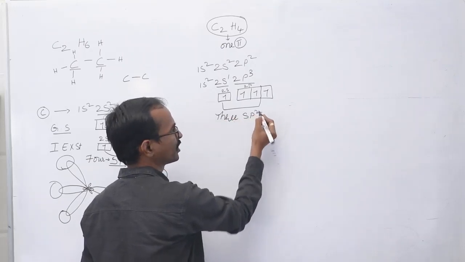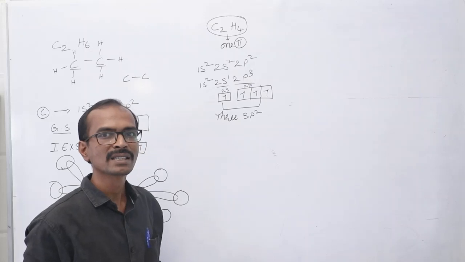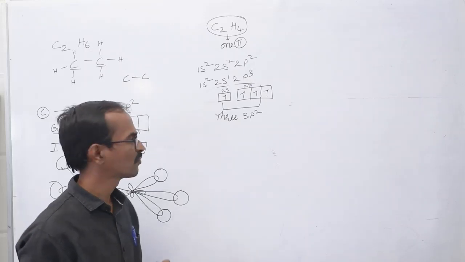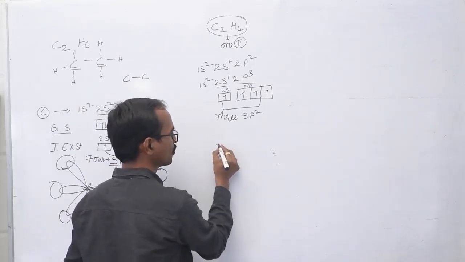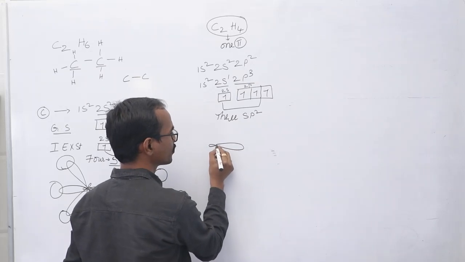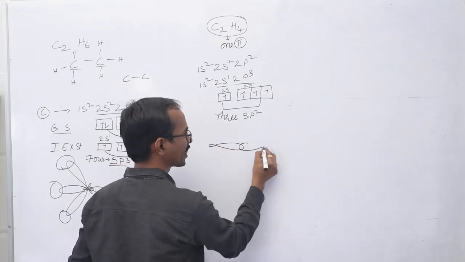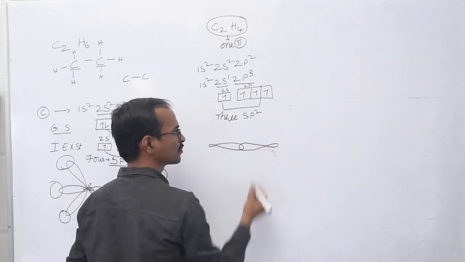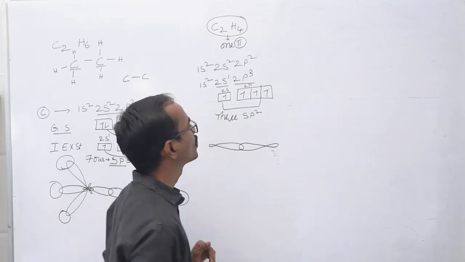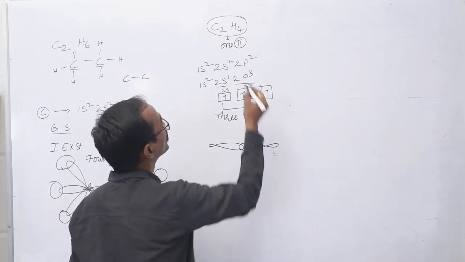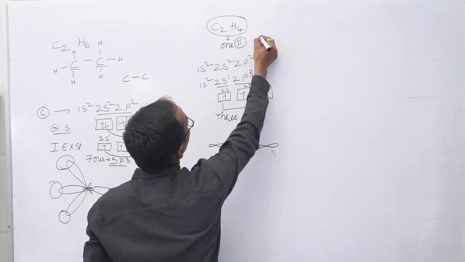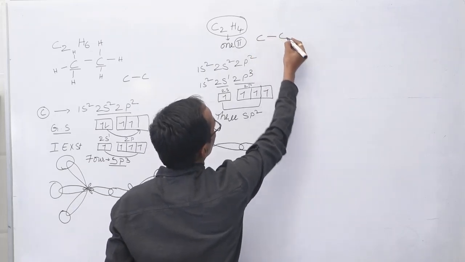How many hybrid orbitals are formed? 3 sp2 hybrid orbitals are formed there. Now the sp2 hybrid orbital of one carbon atom overlaps with the sp2 hybrid orbital of another carbon atom to form one carbon-carbon sigma bond.